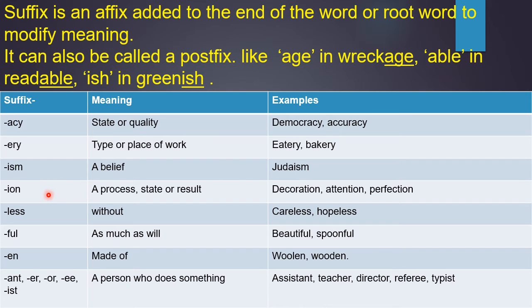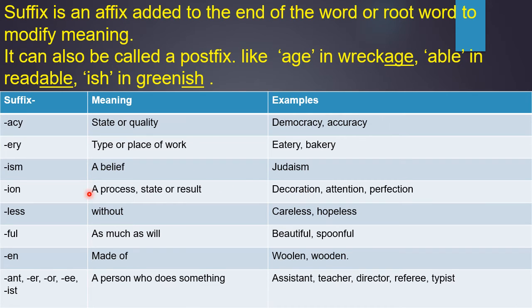Now the next one is ION. Good. You could call it ion, but on its own, whenever it's added to a word, it doesn't sound like that. This means a process or a state or result. A process, a state, or a result. Example, when you have decorate, you add ION to it to now have decoration.